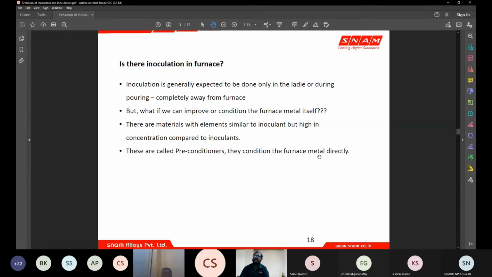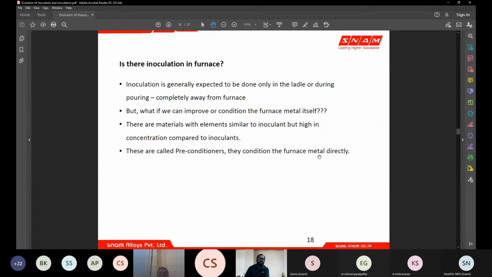But what if we can improve the condition of the furnace metal itself? Say, for example, you have a very potent, very good inoculant with you, but you don't have metal that can respond to your inoculant. Say your metal is bad. Here, the term bad means metal which has less potency for nuclei formation.